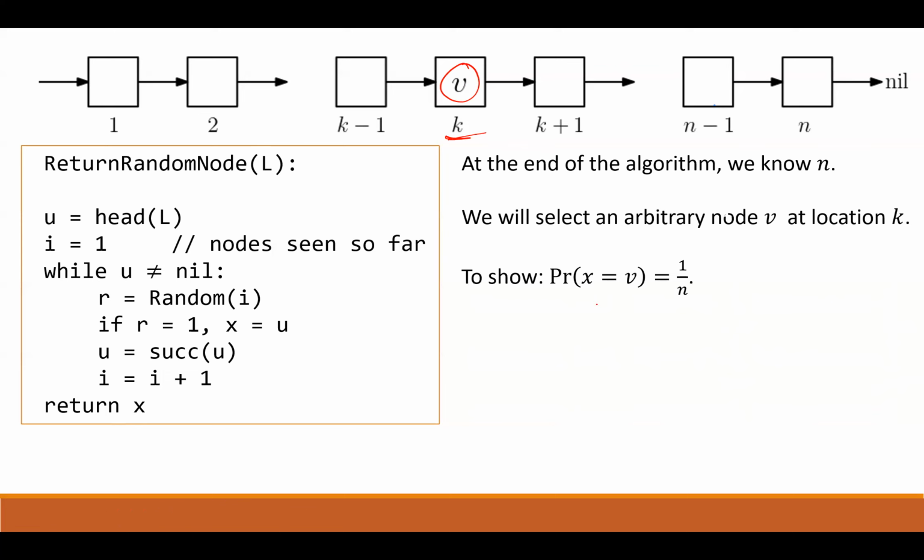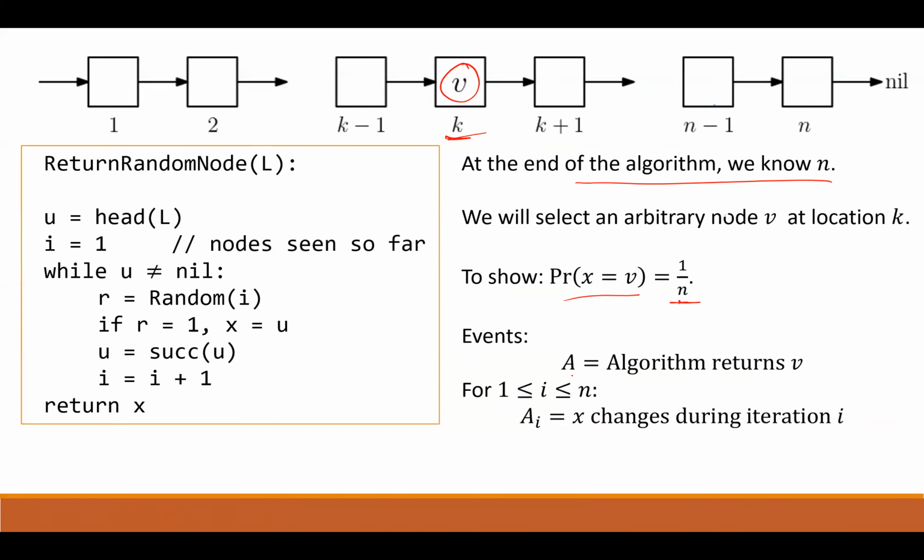So we want to show that the probability that we return V is equal to 1 over N, even though we don't know N initially. At the end, we know N, so we can verify, but at the time, we did not know N. So event A is that our algorithm returns V, and event AI is the event that X changes during iteration I. So AK is that X changes at K, for example.